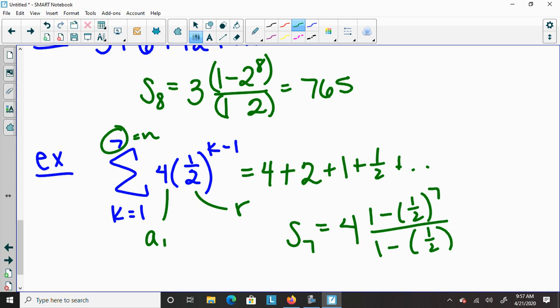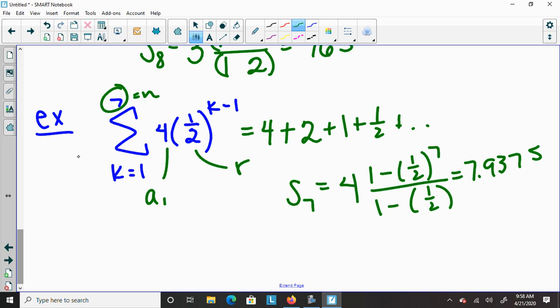And it says that our sum is 7.9375. Okay, so that makes sense because we started out with 4 and we were cutting it in half each time, so there's no way that we could get up to 8. We're going to get closer and closer to 8 as it goes along, but we'll see that in a second.